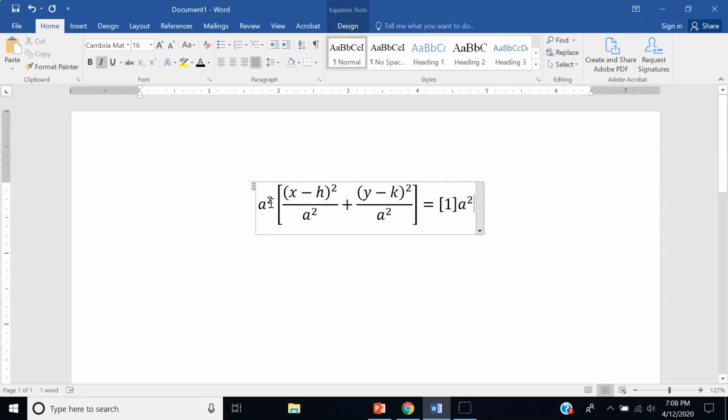What would happen on the left is that the a squared here and here would cancel when I distributed this in. When I distributed into the other term, this a squared down here and this a squared would cancel.